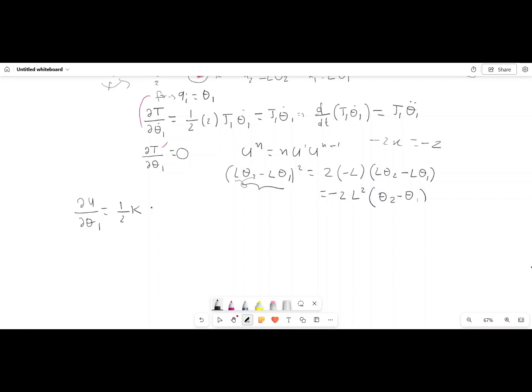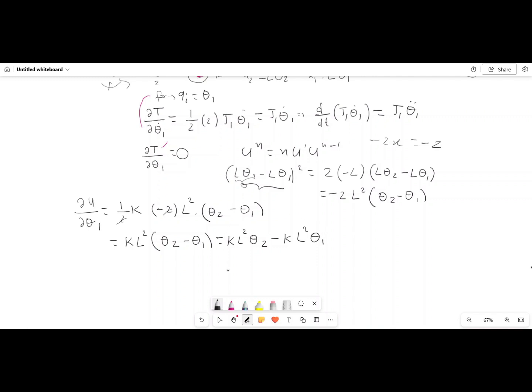This is the differentiation, which is minus 2, L square, multiplied by theta 2 minus theta 1. You will notice here 2 will cancel out 2. So eventually what we'll have is k L square multiplied by theta 2 minus theta 1. Again, you can expand it, so you'll have k L square theta 2 minus k L square theta 1.